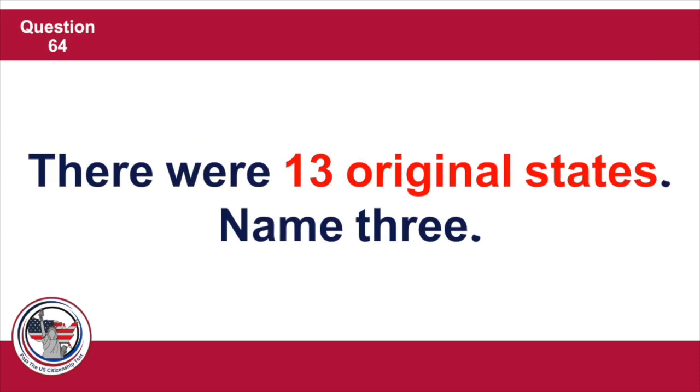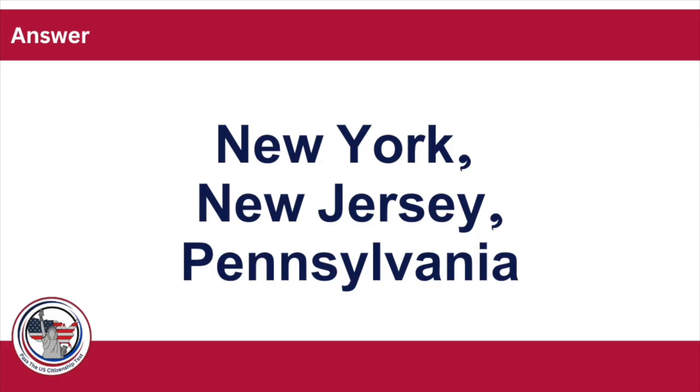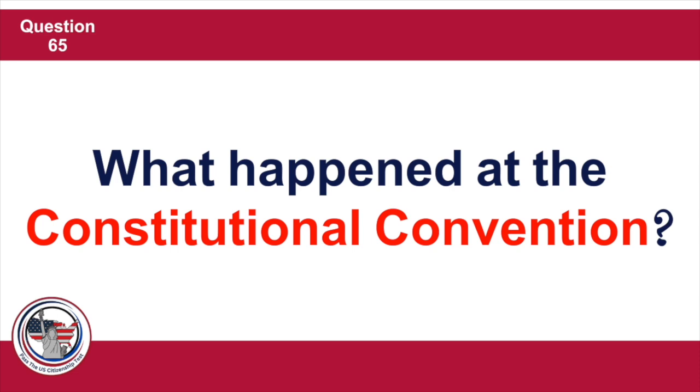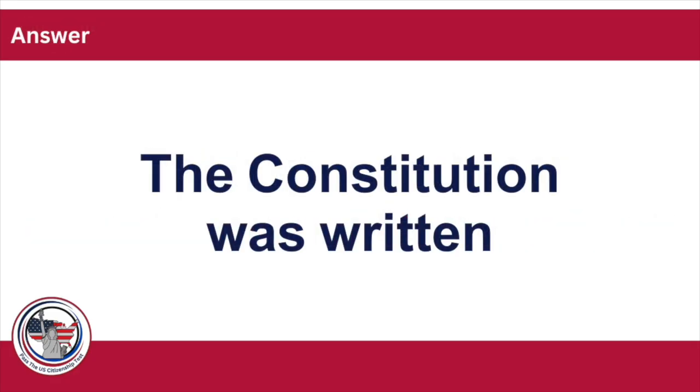There were 13 original states. Name 3. New York, New Jersey, and Pennsylvania. What happened at the Constitutional Convention? The Constitution was written.